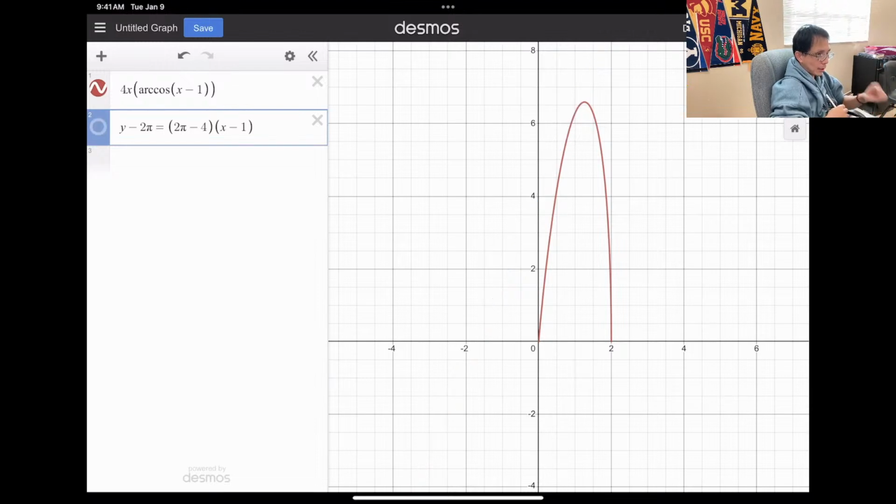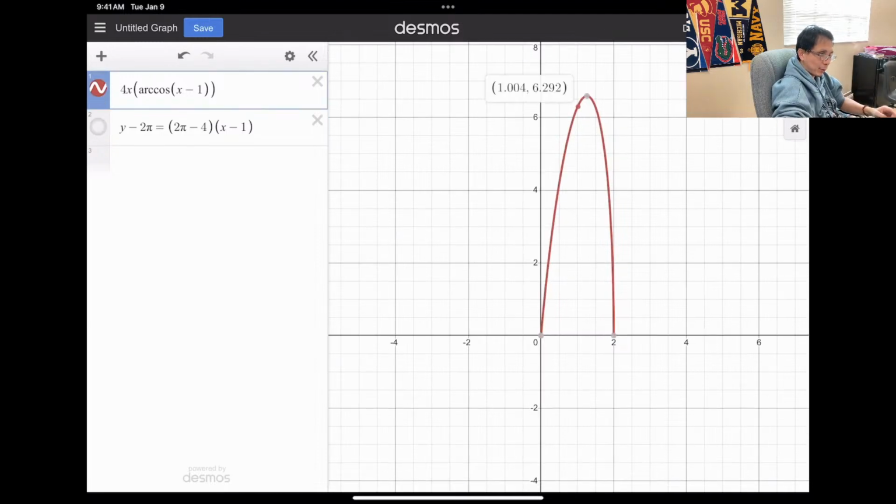A specific point on this graph is going to be (1, 6.28), right here, somewhere around here. And then you're going to have the equation of the tangent line. So that's why I told you guys you have to check your answer. That particular coordinate has some type of slope, and that slope is going to be the tangent slope at that particular point.